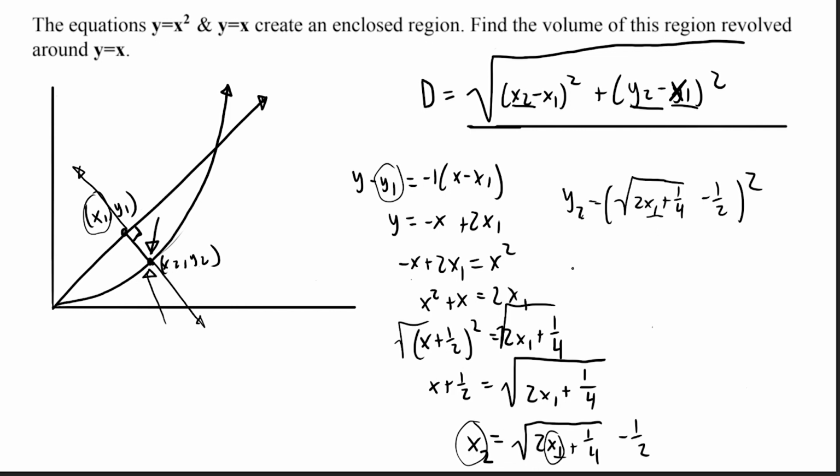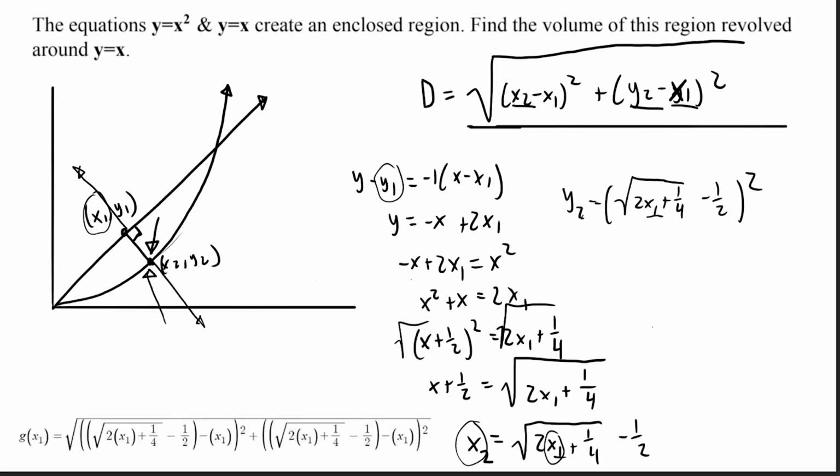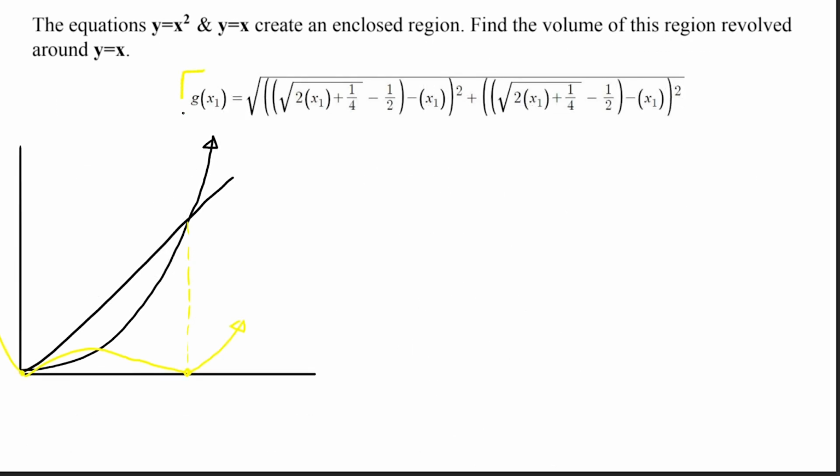That means we can replace both x2 and y2 in the distance formula to get an equation that's the distance, all in terms of x1, which looks something like this, as you can see here.